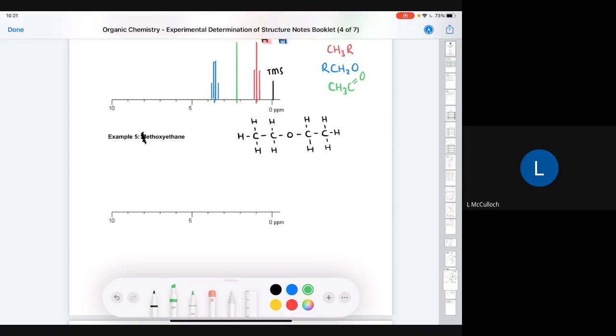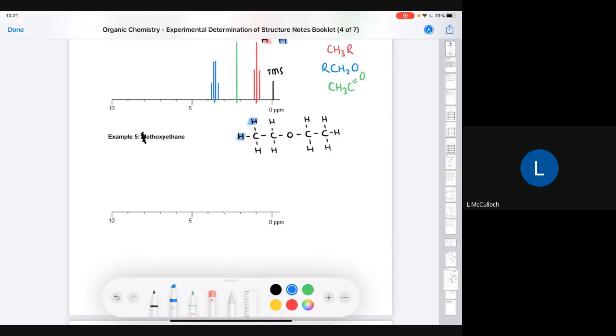Okay, so the correct answer for the number of hydrogen environments in ethoxyethane is 2. So let's have a look at why that is.